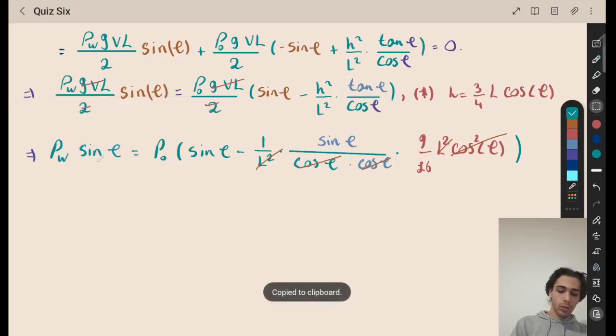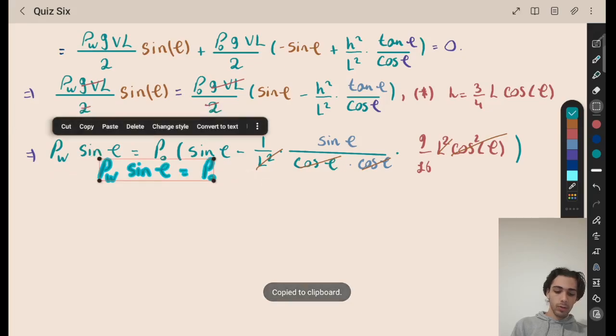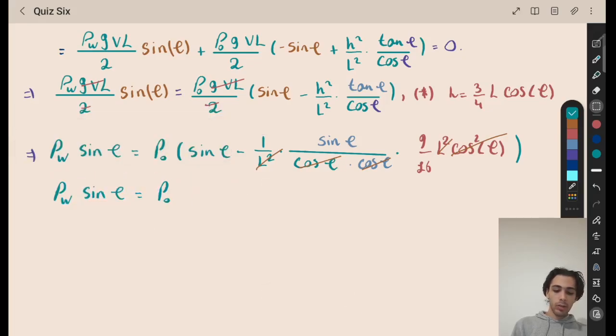So density of the wood times the sine of phi would be equal to density of water times sine of phi minus 9 over 16 sine of phi.